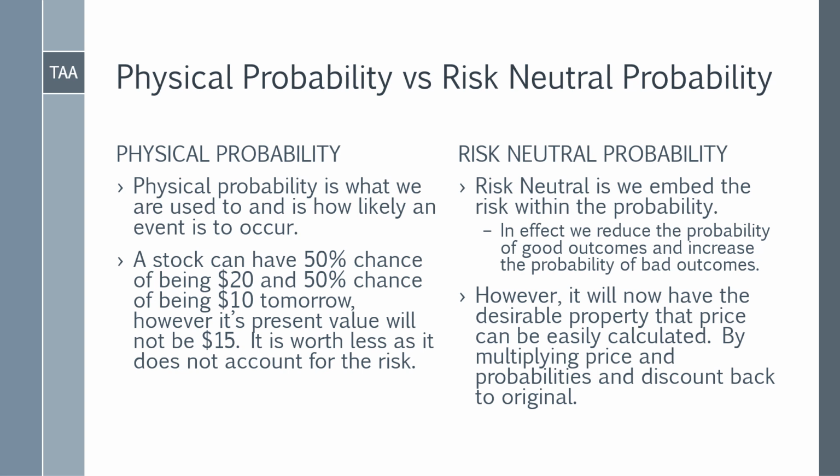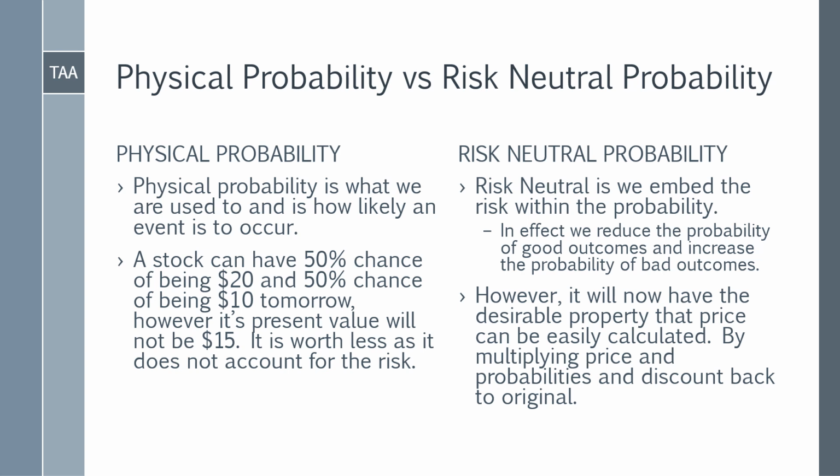However, with the risk neutral probability, we embed the risk within the probability. So, in reality, what we do is we reduce the probability of the good outcomes and we increase the probabilities of the bad outcomes. So again, if we have a risk neutral probability and the stock has a 50% chance to go to $20 and 50% chance to go to $10, in this case we actually can multiply them together and discount back to get the $15 given no interest rates.